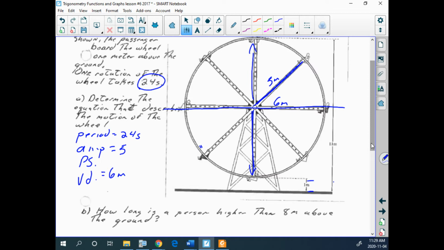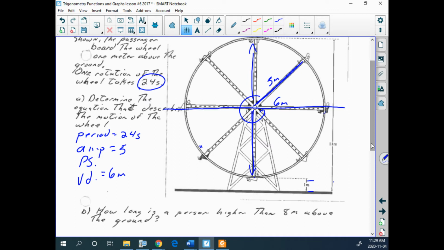Now, if we're going to use a cosine graph, we would probably want to start up here. There would be no phase shift. Start right down here. If we're talking about a sine graph, we would want to be looking at, I don't know, where he is here or here. I don't know which way this is rotating. We'll call it that way. How long does it take for the guy to get from here to here?